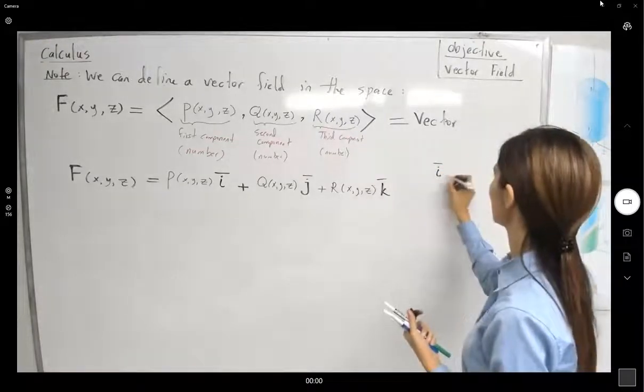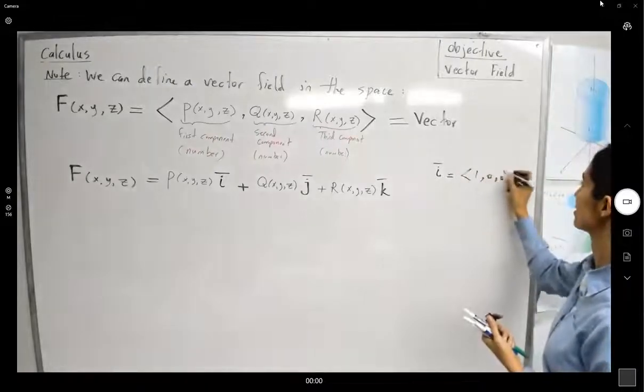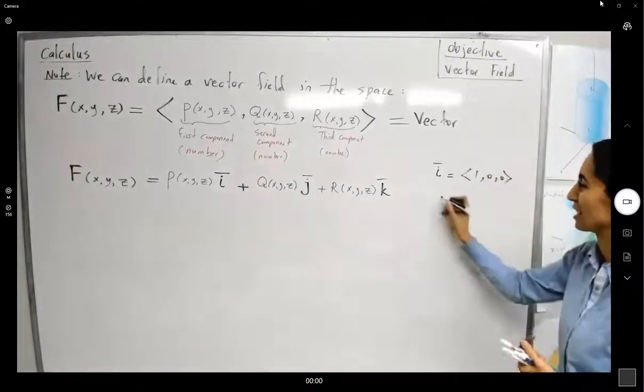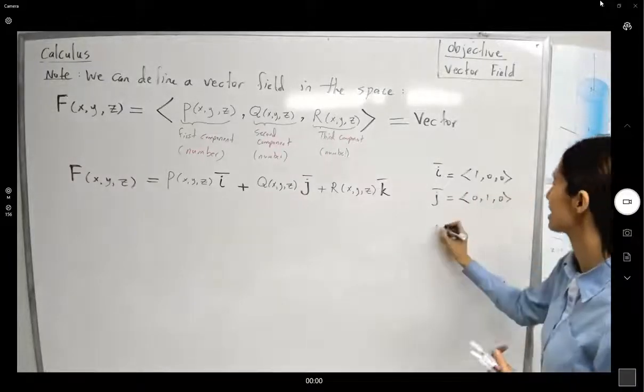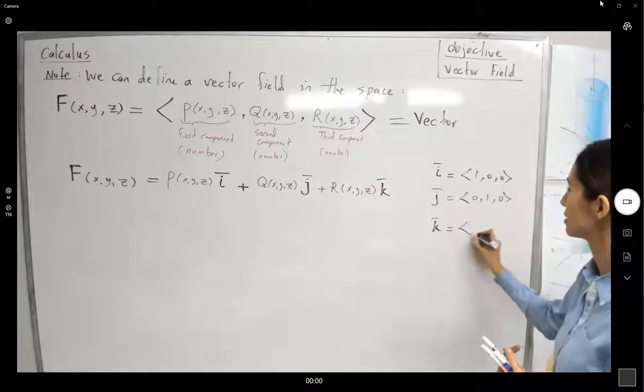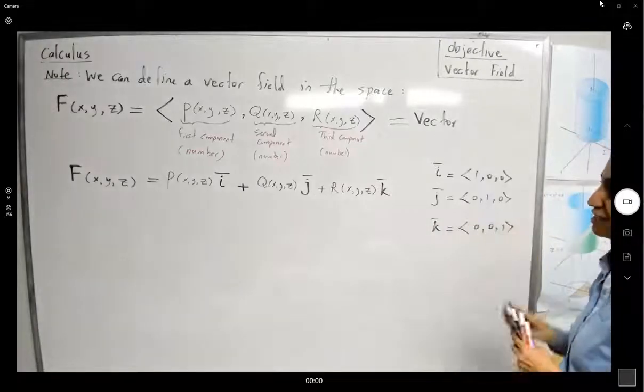So i is equal to 1, 0, 0, the unit vector representing the x-axis, j is the unit vector representing the y-axis, and k is the unit vector representing the z-axis.